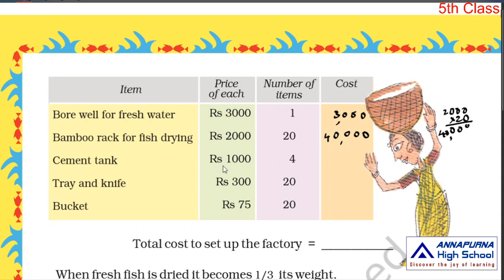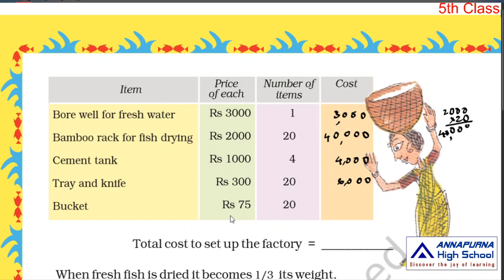So like that, cement tank 1000 rupees each. Number of items is 4. Therefore its cost is 4 thousands, 4000 rupees. Like that you find the total cost. The next item, 2 into 3000, which is equal to 6000 rupees.